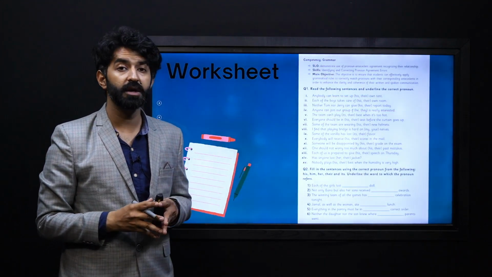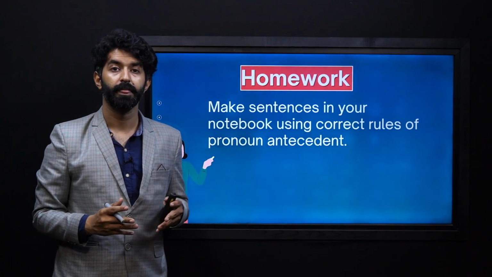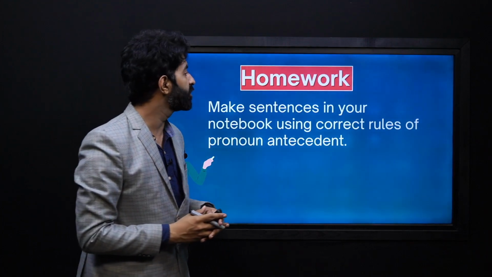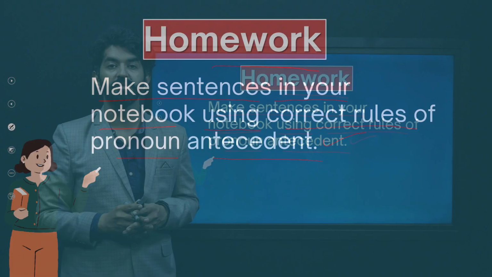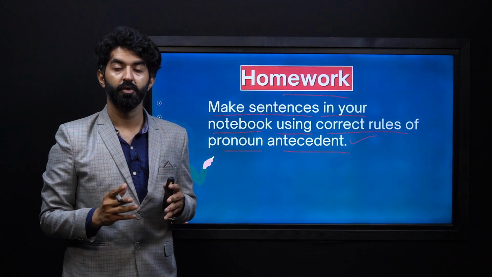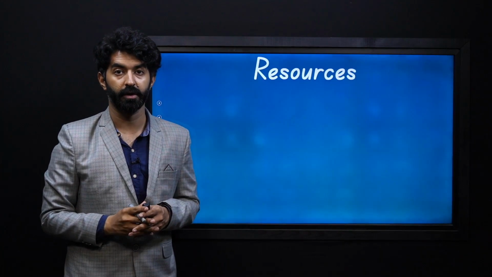Now, here is a worksheet attached. Furthermore, we have your homework in which you have to make sentences in your notebook using correct rules of pronoun antecedent. It is very simple. I hope that you will have no problem solving this homework.